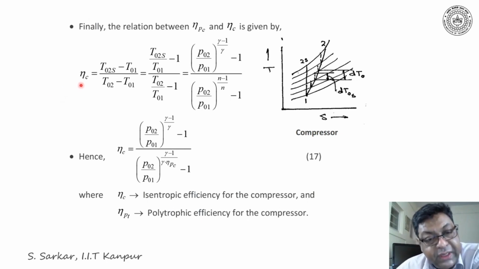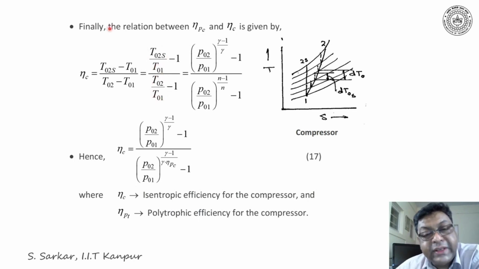I can write now eta C as T02s minus T01 divided by T02 minus T01, that is the ratio of isentropic temperature rise to actual temperature rise. That can be written as T02s by T01 minus 1 divided by T02 by T01 minus 1. This is isentropic temperature ratio, and this is actual temperature ratio.